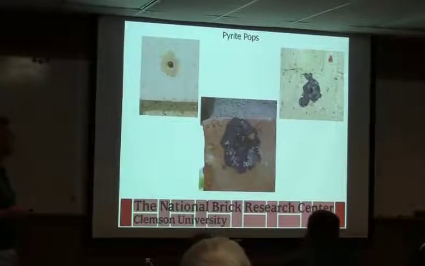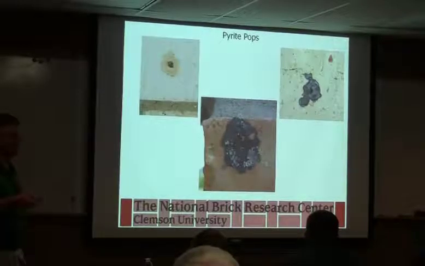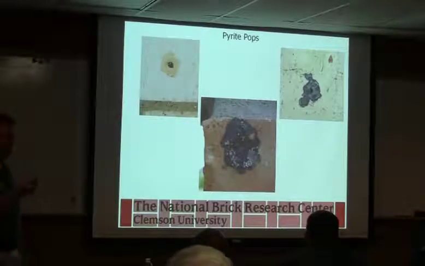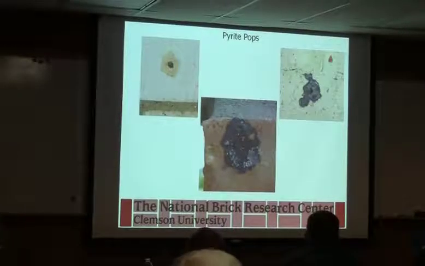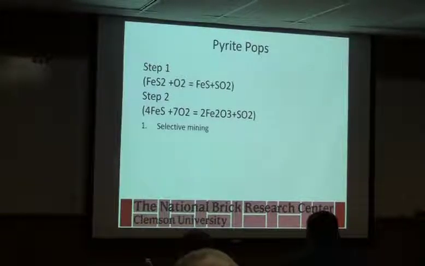Pyrite pops. These issues are coming from mineralogical issues during mining, where you've run into a seam that has these materials in it that aren't breaking down in your raw material processing, and you'll discover them when you fire it. This just shows some of the chemistry that's going on with the pyrite and ways of addressing it.